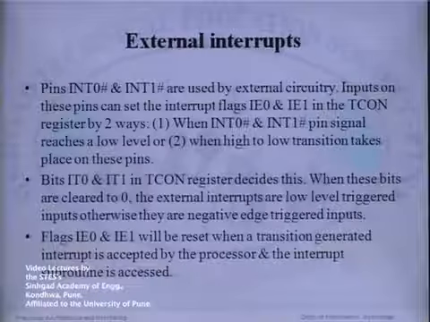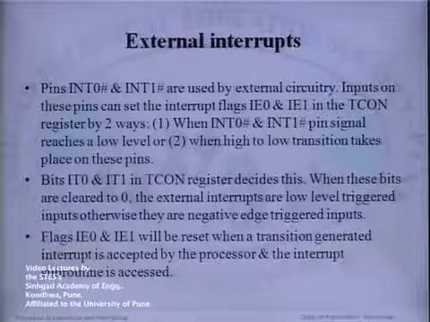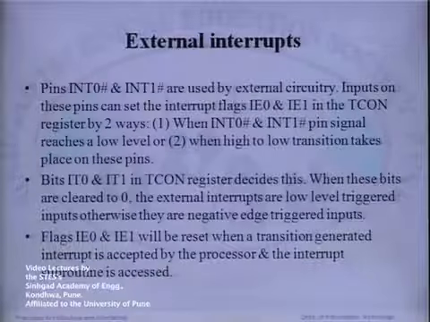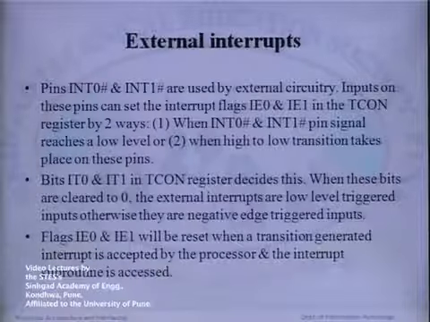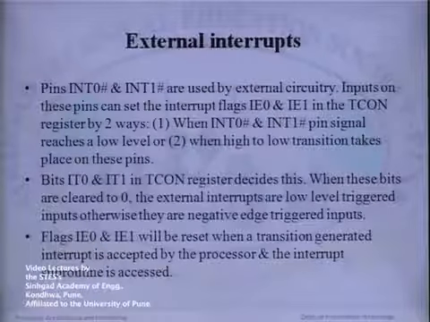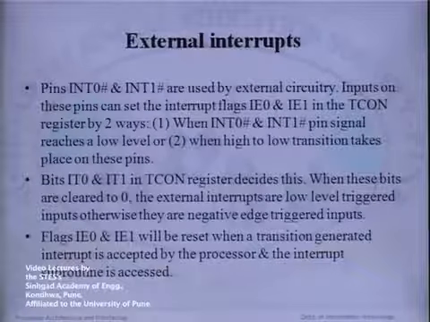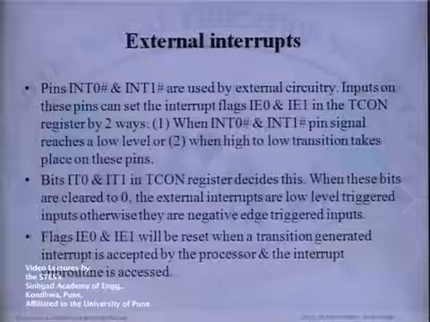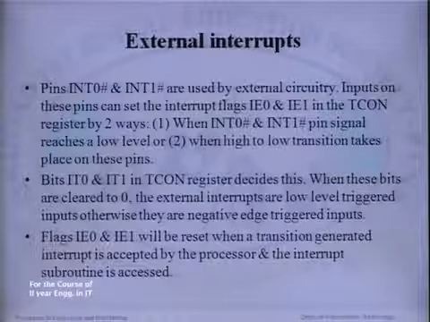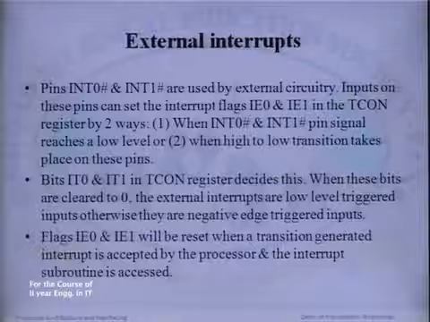When these bits are cleared to 0, the external interrupts are low level triggered. That is, when the INT 0 bar and INT 1 bar pin signal reaches a low level, at that time the interrupt is activated. When the bits IT0 and IT1 are set to 1, these external interrupts are negative edge triggered inputs.